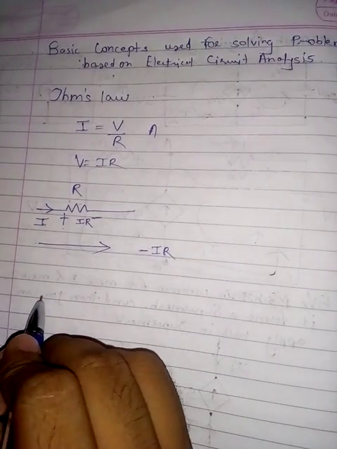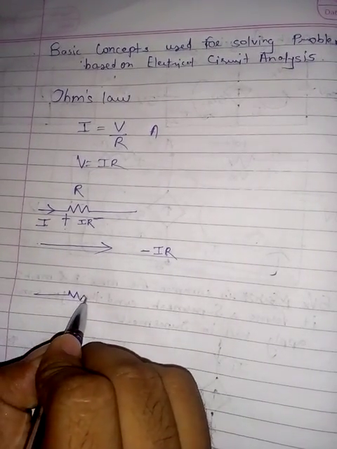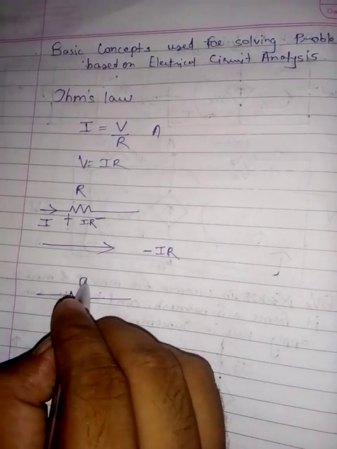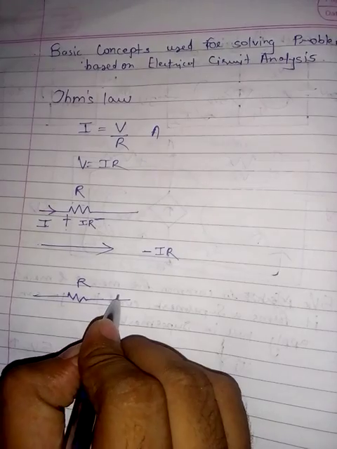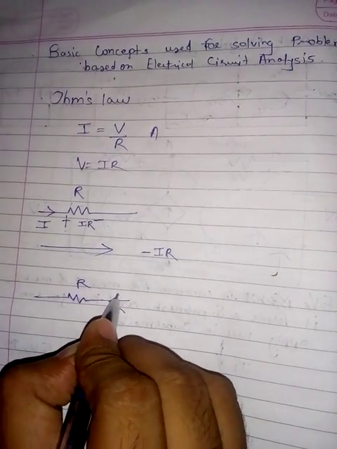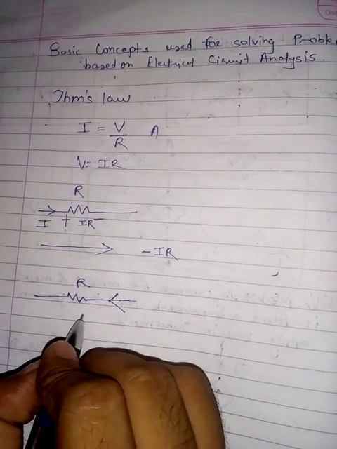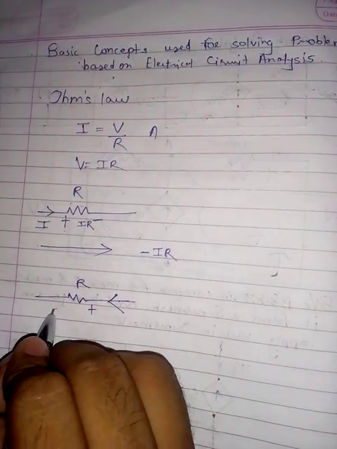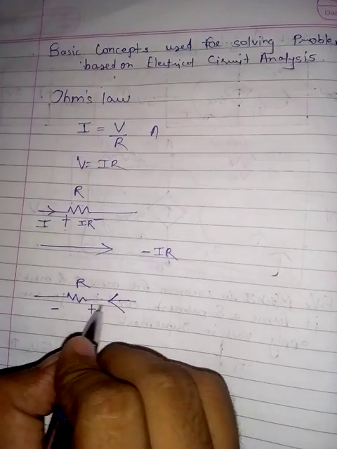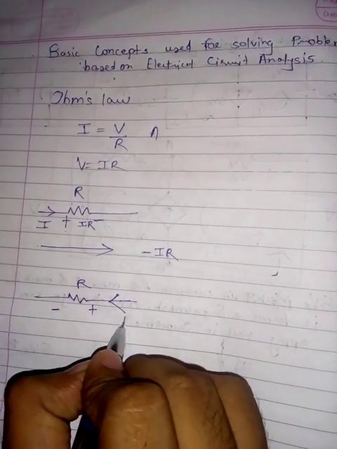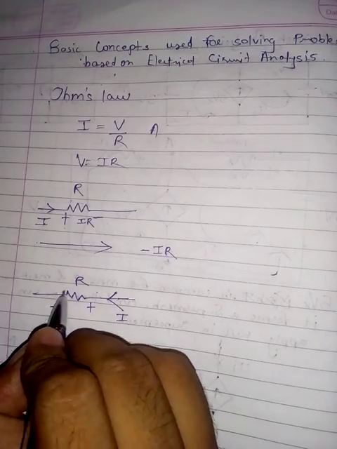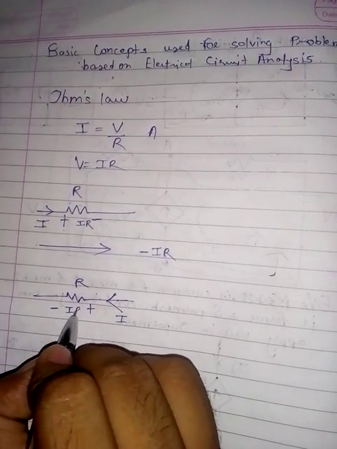Now in a similar case, this is R and current is flowing in this direction, so the polarity across this resistor R is positive here and negative here, and the voltage drop is, say this is I and R. The value of this voltage drop is IR.